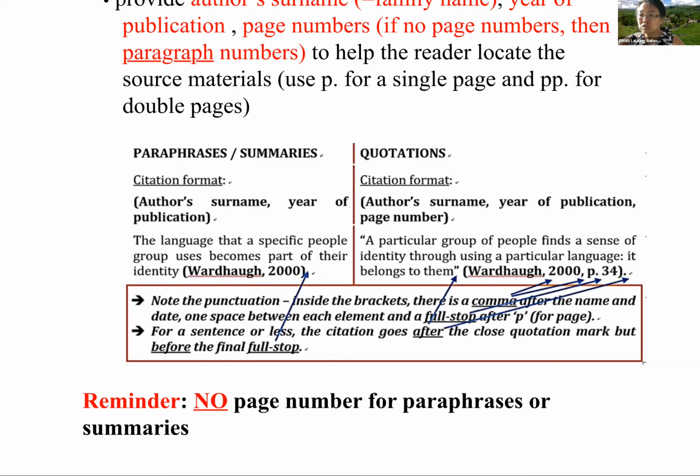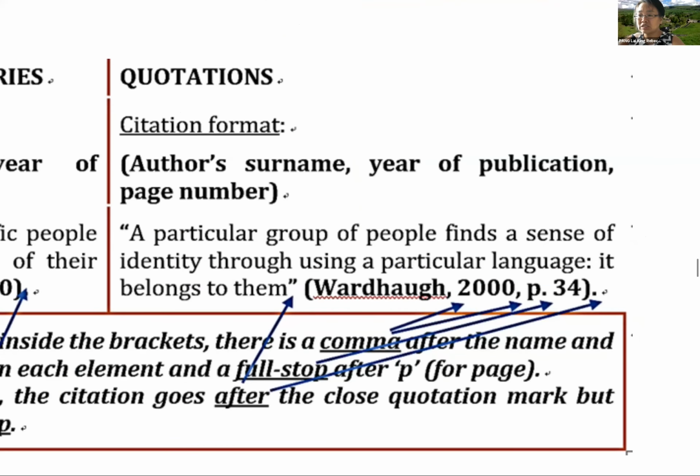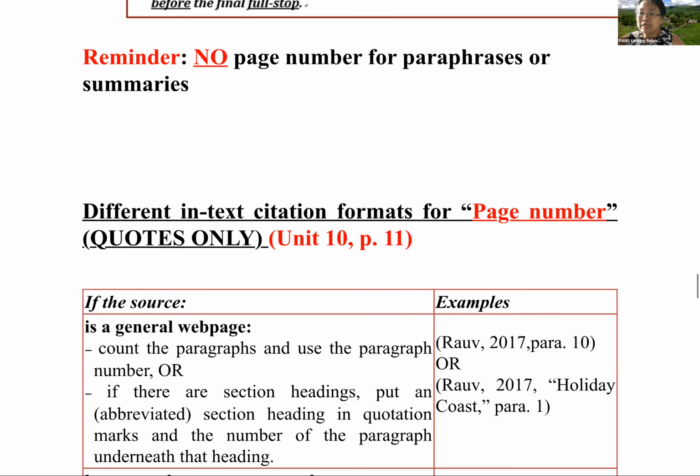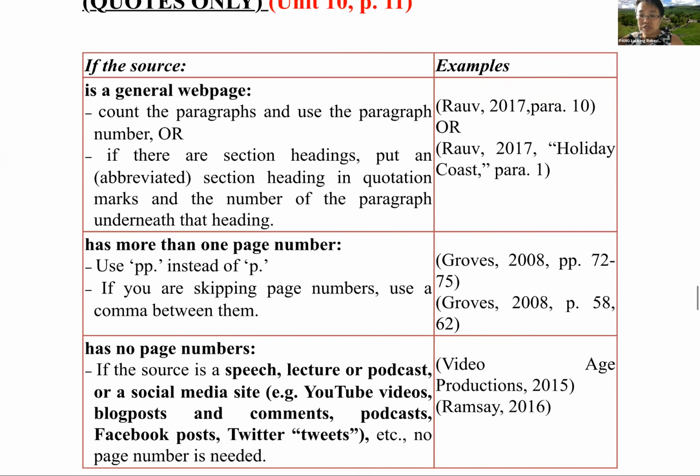Now, if you turn to the quotations, you notice there is a page number here, all right? So in other words, please remember no page number for paraphrases or summaries, only for quotations, okay? Now, when we talk about page number in quotations, there are some different situations.